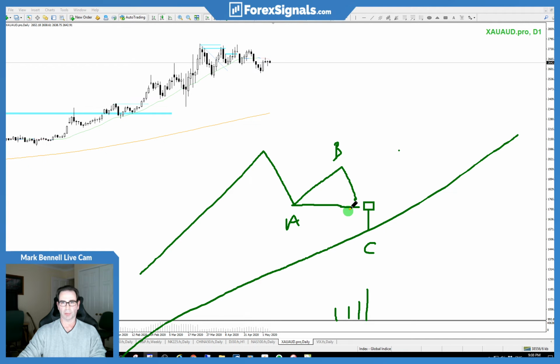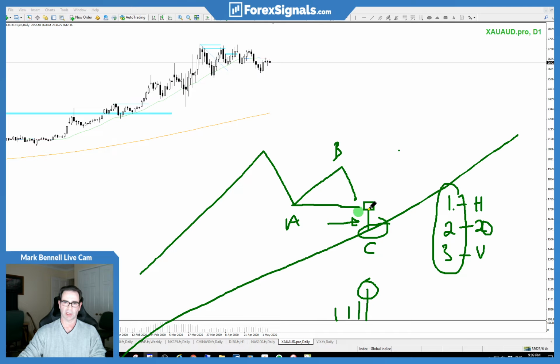So it's broken B, so it's broken through A. We've got buyers have stepped in because of the wick. It's right in an area that we like. So we've got a couple of enhancements here, haven't we? We've got one, we've got the hammer. 2, we've got the 20 period. 3, we've got volume. So there's 3 enhancements to this, isn't there, for starters?